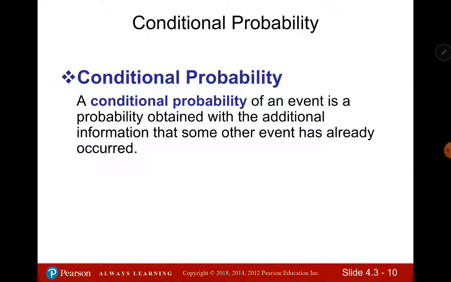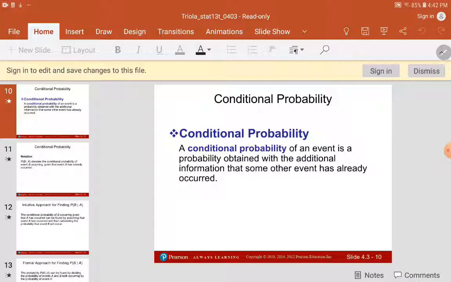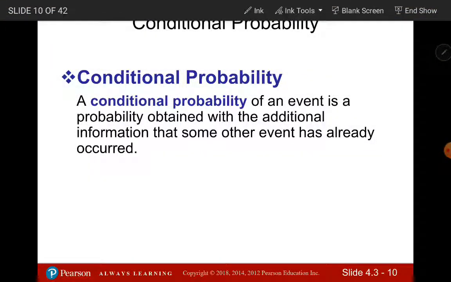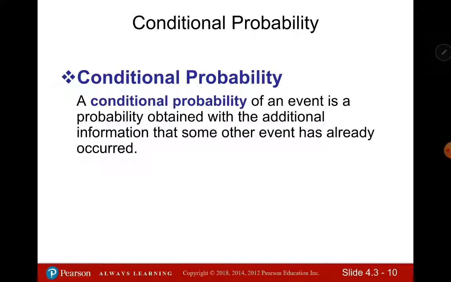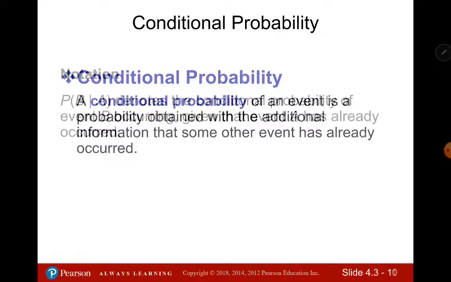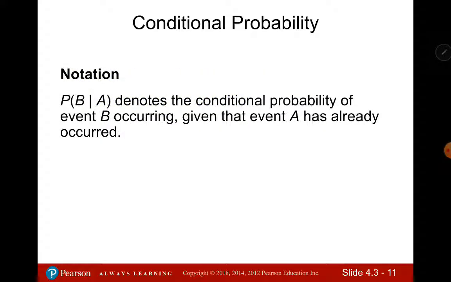So next, we will talk about conditional probability again. The first time we saw conditional probability was in the formula of the multiplication rule, right? So we check this notation of conditional probability.